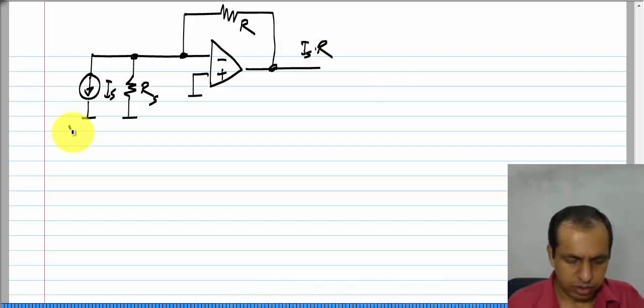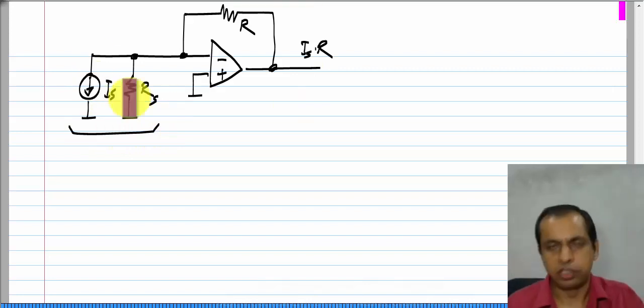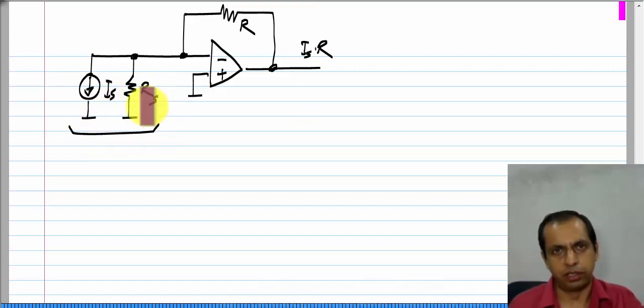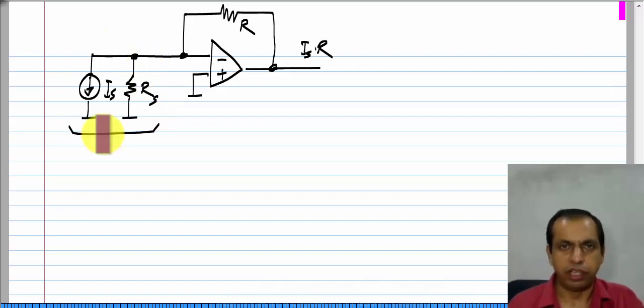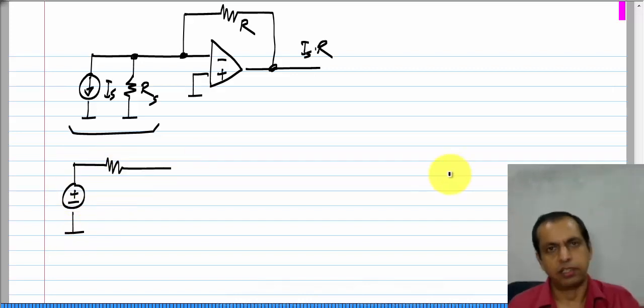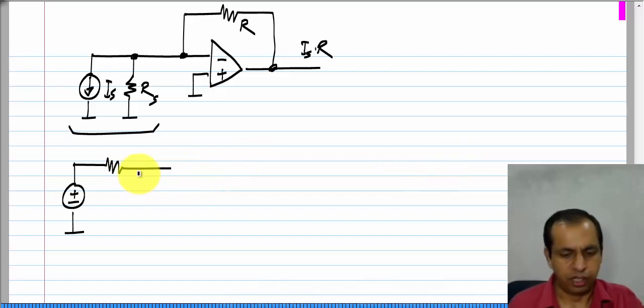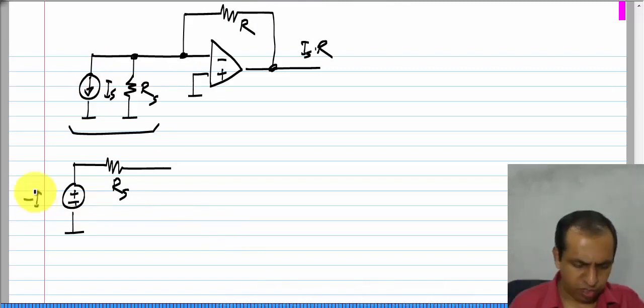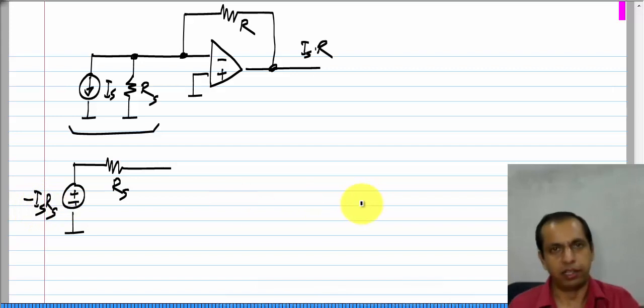Now, this combination here, you can see it is a parallel combination of a current source and a resistor. We can think of it as a Norton equivalent of something, and the Thevenin equivalent of it would be a voltage source in series with a resistance. And we also know from earlier discussions on Thevenin and Norton equivalents that this resistance is same as R s, and this voltage source given the direction of current is minus I s R s.